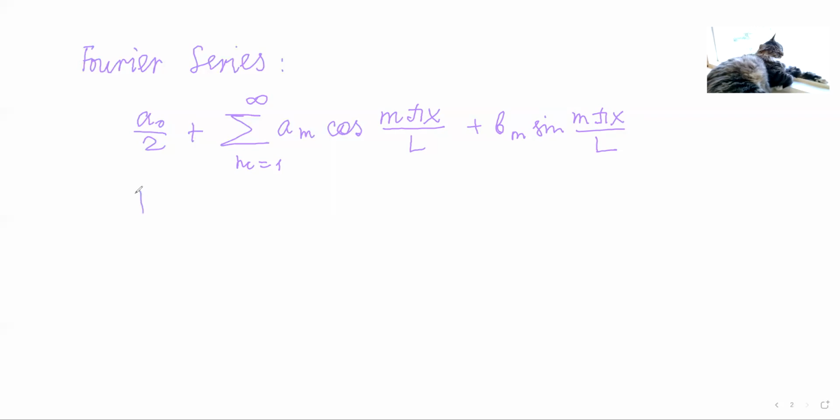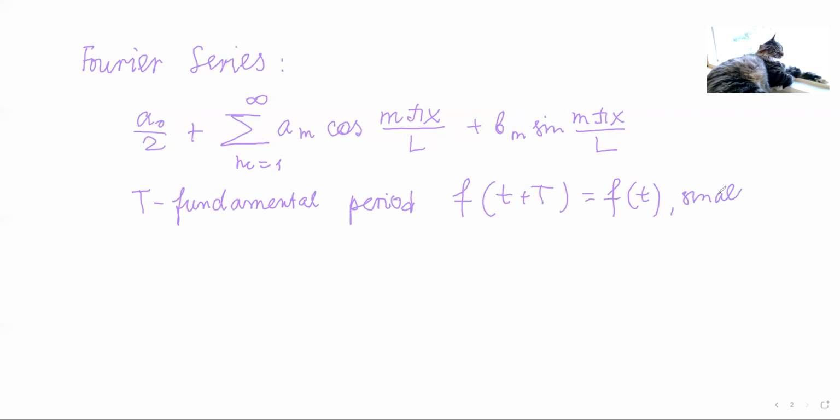Remember that T is called a fundamental period if it's the smallest number for which f of t plus T is exactly equal to f of t. Smallest number. Well, for sine and cosine, we do know that the smallest number which repeats sine and cosine is 2 pi, right?